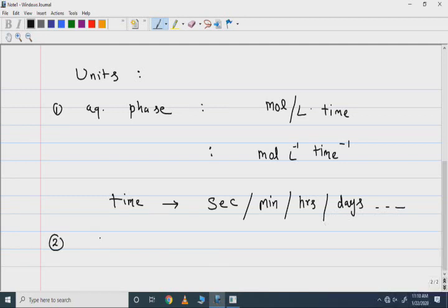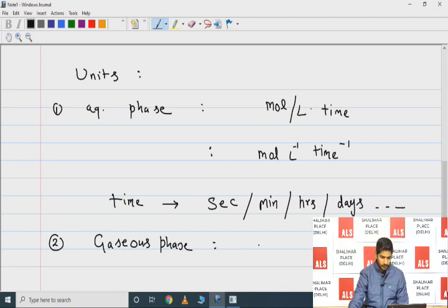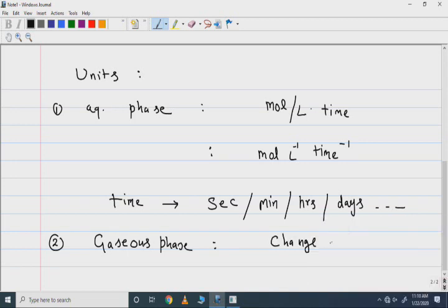Next, for gaseous phase. For the gaseous phase, I cannot use the concentration. I have to use the pressure. So its unit will be according to the formula, that is change in pressure upon time.